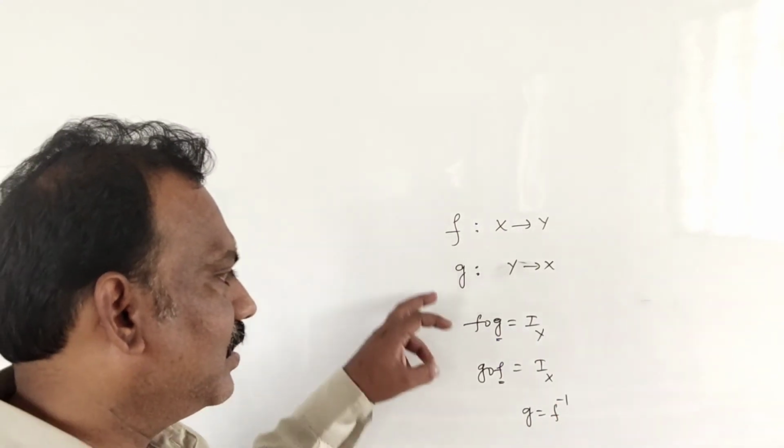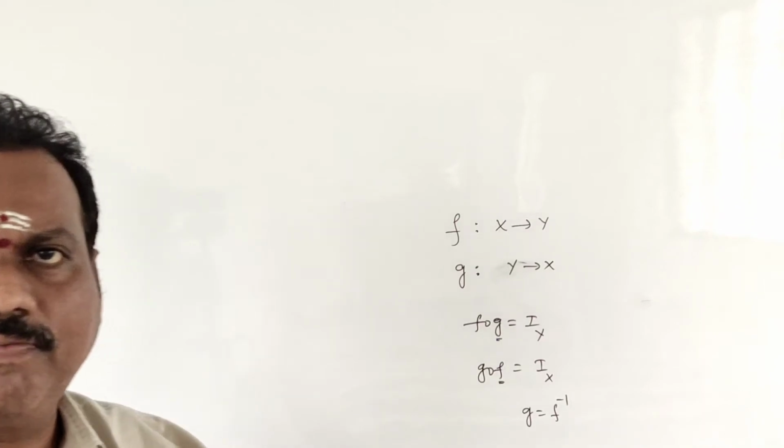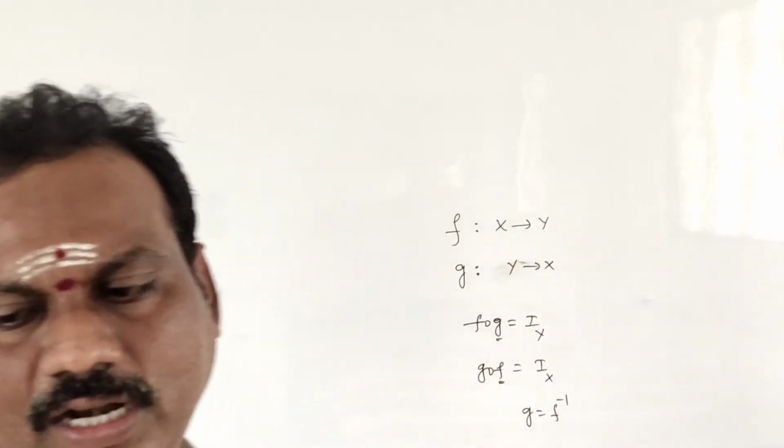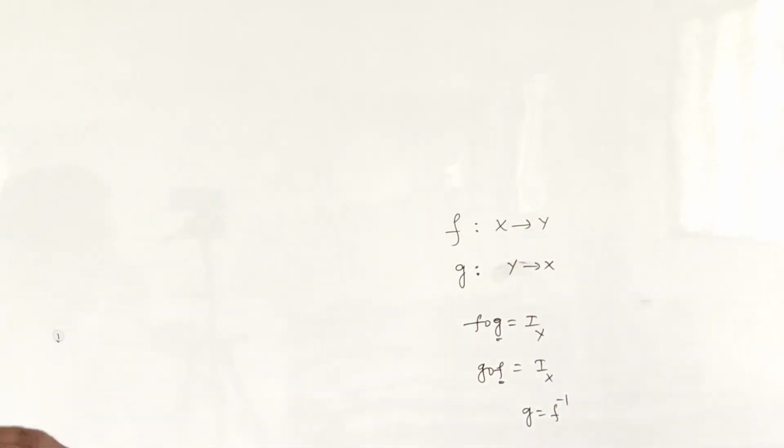So step 1, step 2, step 3, step 4. We have 4 steps. If you complete the 4 steps, you will get the 5 marks, a very easy question. Right, students. Now I will solve the problem.